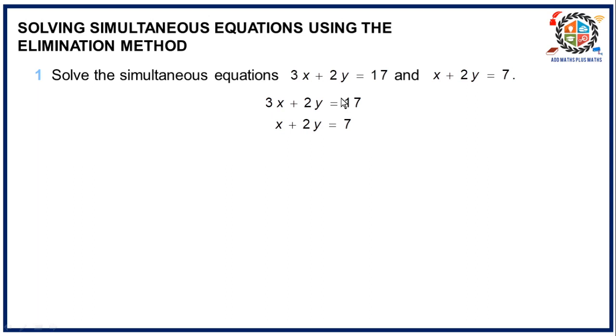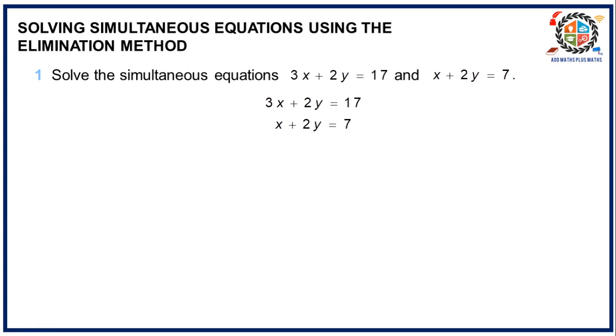Let's try to write it vertically. When I say vertically, I'll write the first equation followed by the second equation vertically, where the equal signs are in line with one another. All x should be in line, all y should be in line, and the constant numbers should be on the right and in line.